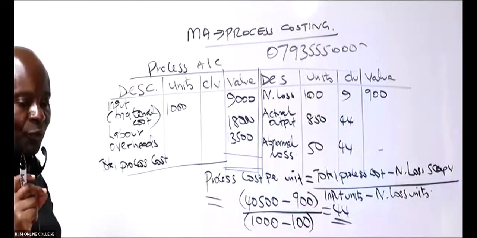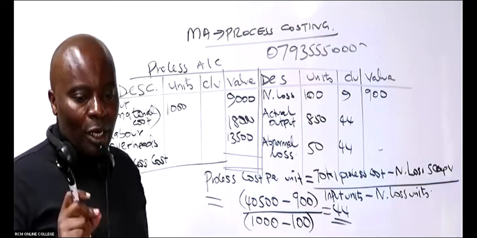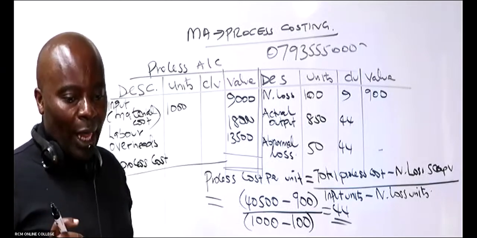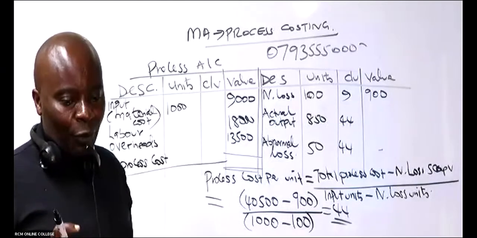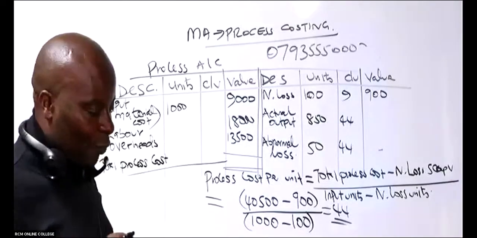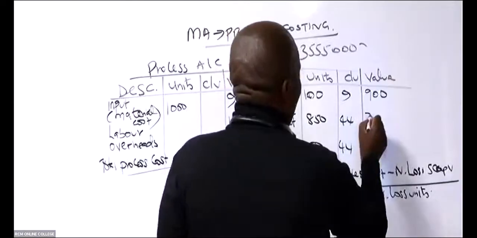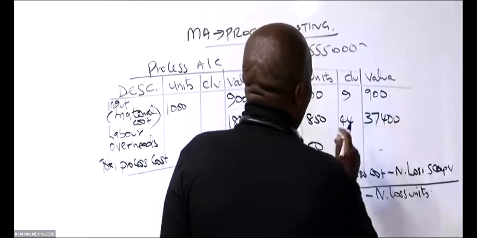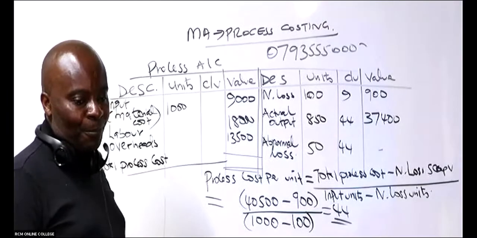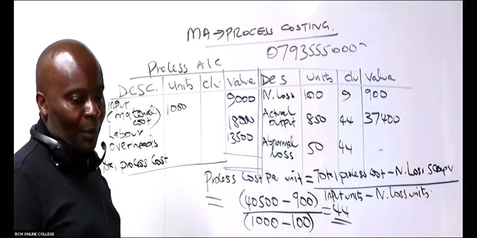And then now you do your multiplications, you give me the totals. So what will be the total value of actual output? 850 times 44, 37,400, and then 50 times 44, because remember, this is per unit.